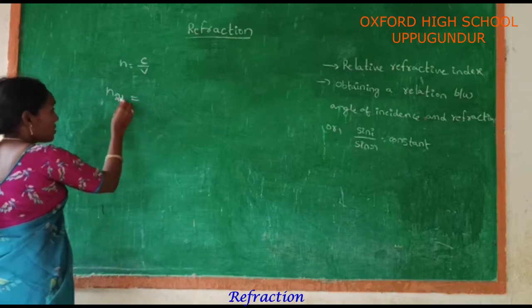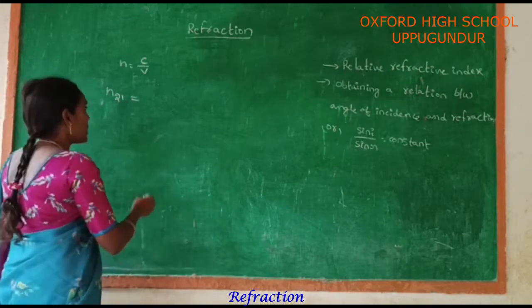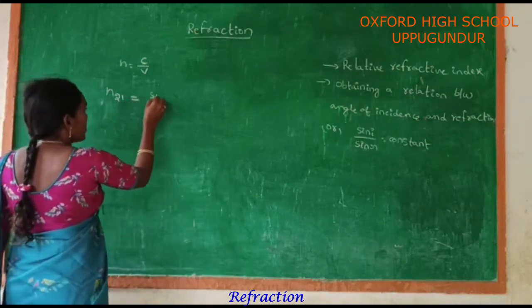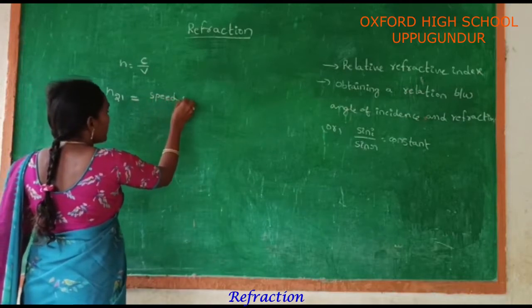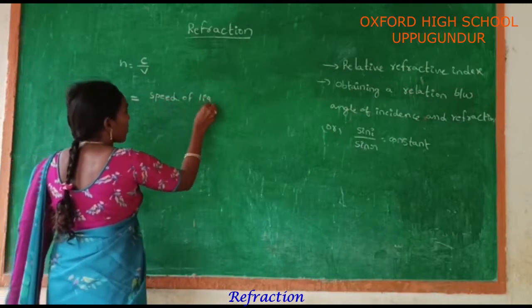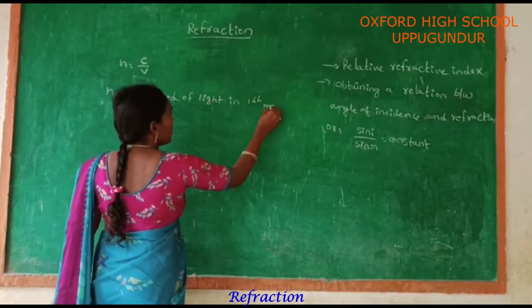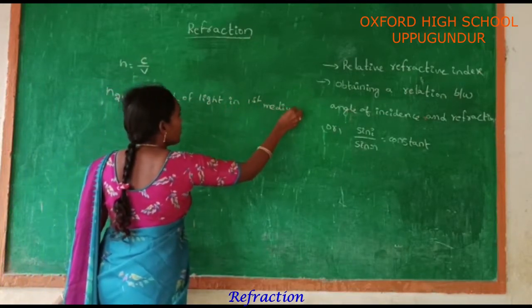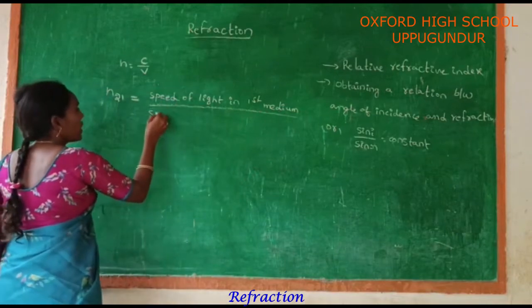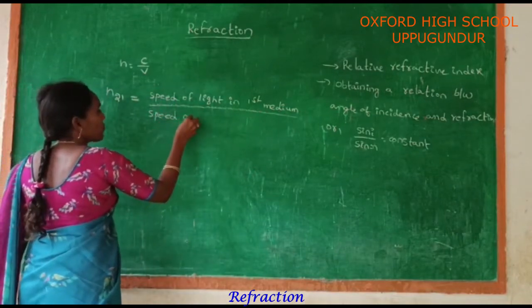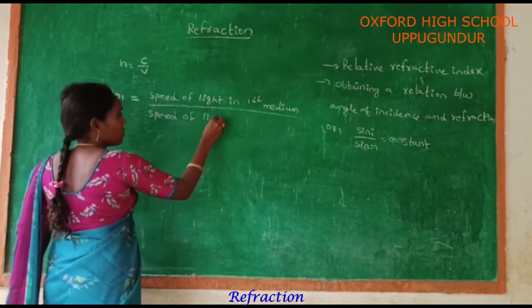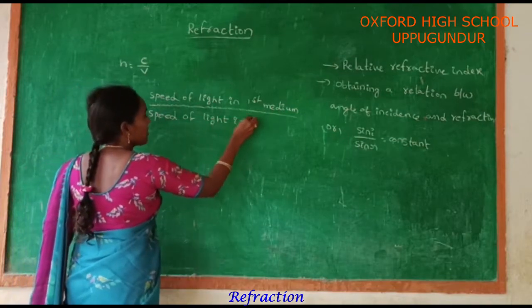The refractive index of one medium with respect to another medium is defined as speed of light in first medium by speed of light in second medium.